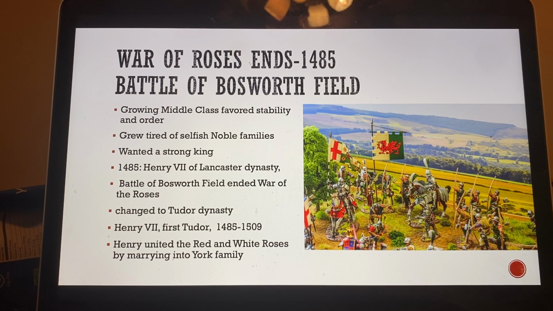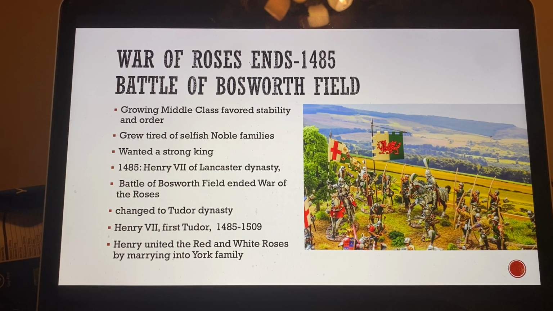Guess what he does? He's from the family of Lancaster because he's a Henry, remember? And he says he's a Tudor instead. He changes to Tudor, not Lancaster anymore. And he marries a York. So he unites the York family to the Lancaster family, and the War of the Roses turned into one big happy family.